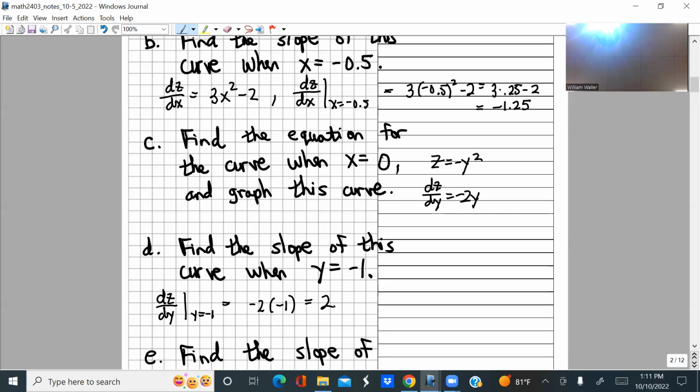That curve is just quadratic now, so it should look like a parabola. Remember, that's just a trace on that surface, and it's increasing at this rate when y is equal to minus 1.